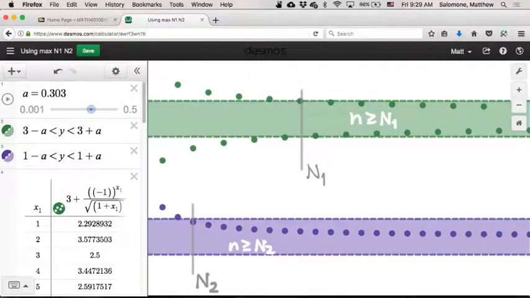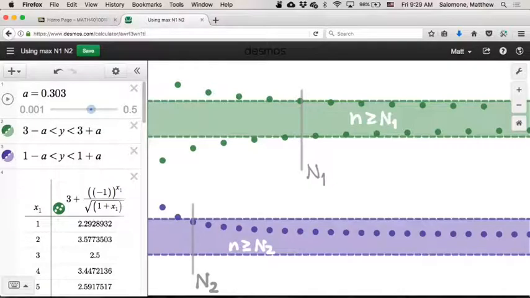If I'm before the smallest, then neither of my sequences is guaranteed to be within epsilon. If I'm in between the two of them, then one of my sequences has settled down to within epsilon of its limit, but the other one is still kind of dinking around. It's not there yet. And so it's not until after we pass the larger of the two capital N values that we know both of our sequences are going to be within epsilon of their limit.